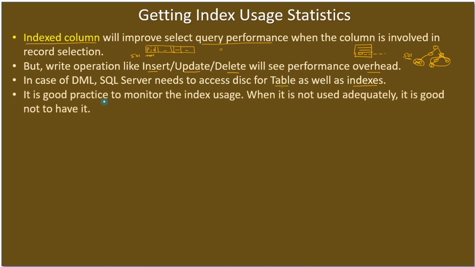It is good practice to monitor the index usage. When it is not used adequately, it is good not to have it because of these insert, update, delete penalties. So just check how frequently the index is used.